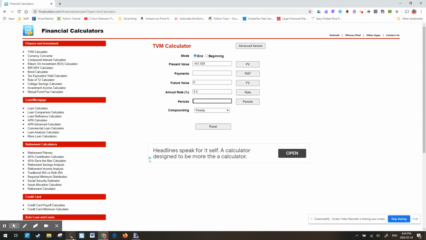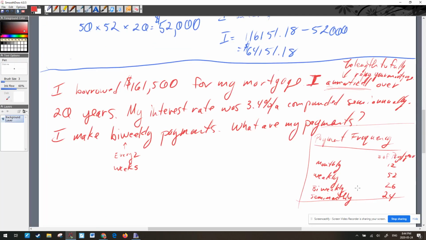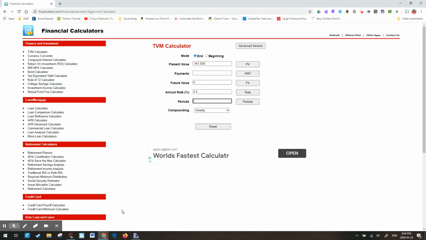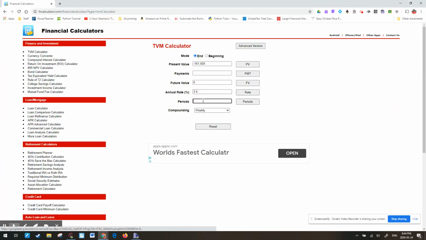Well, if I said it's biweekly and there are 26 payments per year and I do it for 20 years, so I can say 26 payments per year for 20 years, and it's 520. Okay, so I'm going to make 520 payments. So I'm going to say the number of periods is 520.